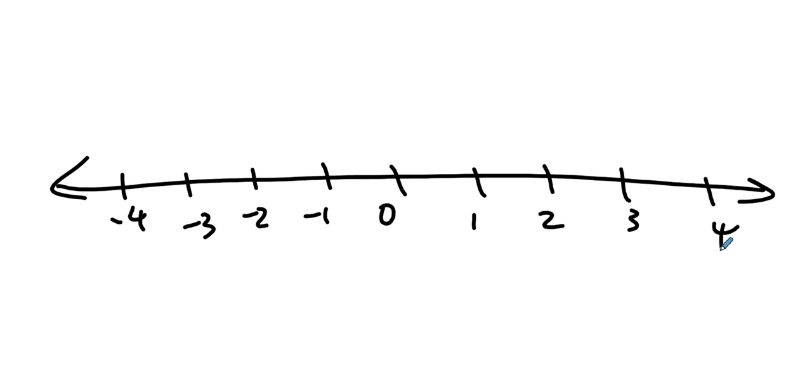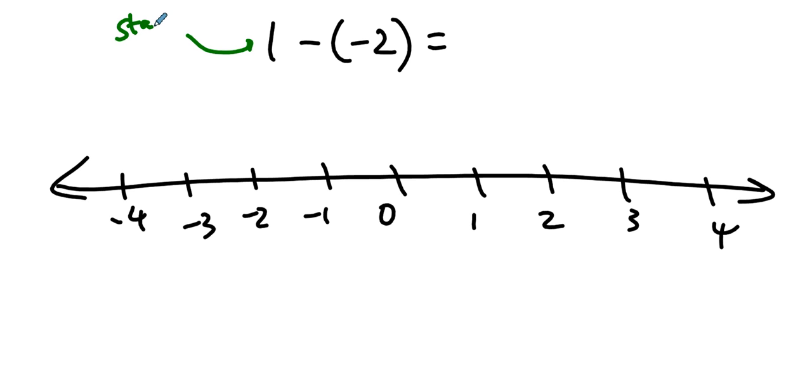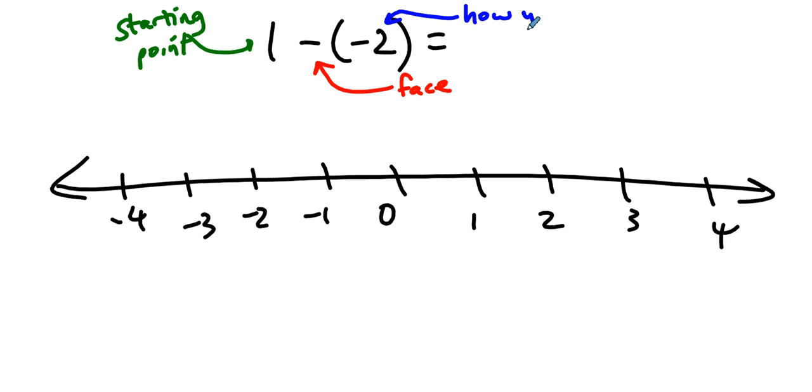So what happens when we try to do 1 minus negative 2? How do we do that? Well, this, as always, is the starting point. This is which way you face, and this is how you walk. So we start at 1. This is our starting place.